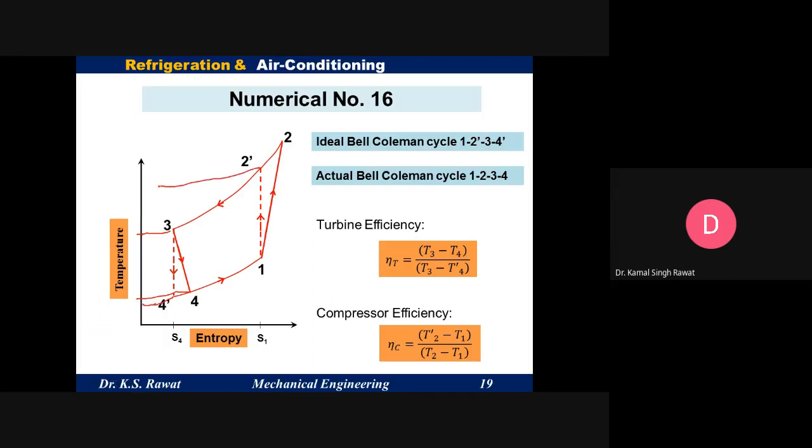T2 dash minus T1 is this much, and T2 minus T1 is this much. Which one is bigger? T2 minus T1, so it will always come in the denominator. So we get the compression efficiency as T2 dash minus T1 divided by T2 minus T1. Okay, there is no need to memorize, if you have made a simple TS diagram correctly, because whenever the process is not isentropic, entropy will increase, so the process will go this way, and similarly here also entropy will increase so the 3 to 4 process will go this way.